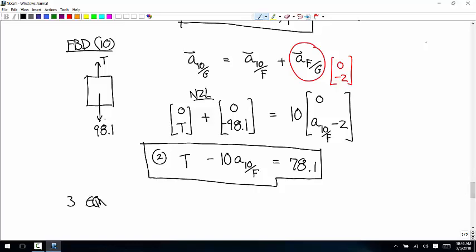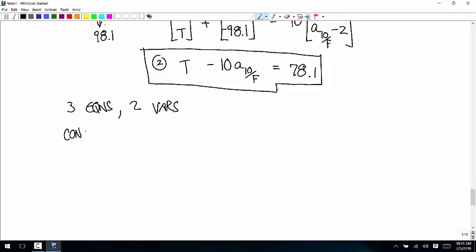Three equations, two variables. So we need a constraint equation. And the constraint equation is that, our third equation says A5 relative to the floor plus A10 relative to the floor is equal to 0.